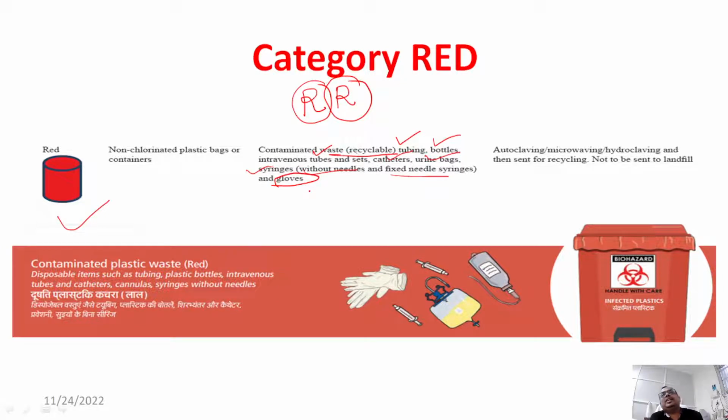This category was formulated because this could be reused. So the mnemonic for this is R for red and R for reuse or recycle. The treatment options included autoclaving, microwaving, hydroclaving, and then it was sent for recycling. Remember, it is not to be landfilled. So it was reused based on the principle of reusing.